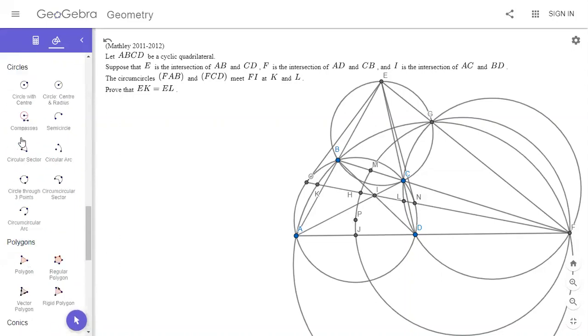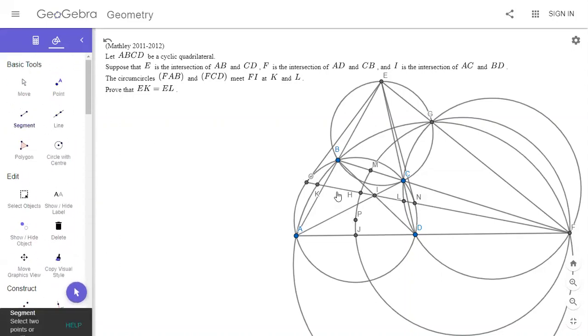And I think are P, I and G also collinear? I think that's a property of the configuration. Okay, so that's all part of Miquel theory. Okay, so I'm going to delete some of the extra stuff I added, and I'm going to add it in as I do the proof, just so we kind of have an idea.